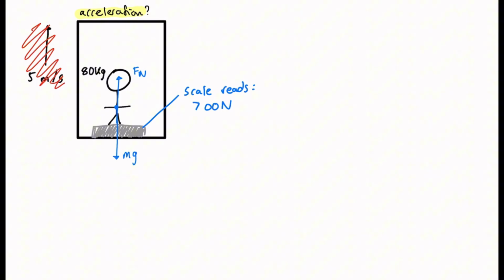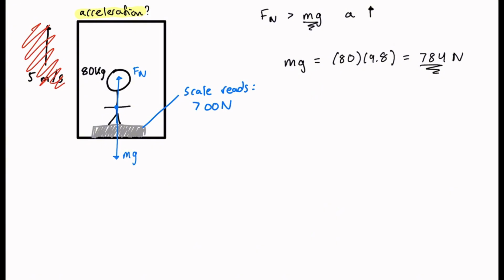We said before that if Fn was greater than mg, acceleration is upwards, and vice versa, if Fn is less than mg, the acceleration is downwards. So to figure out which direction the acceleration is in, let's look for mg. mg is equal to 80 times 9.8, which is equal to 784 newtons. This number, 784, is greater than 700. So we know that the acceleration is downwards.